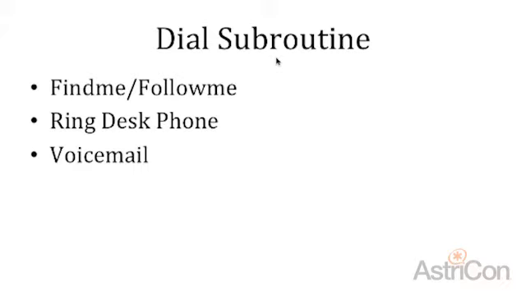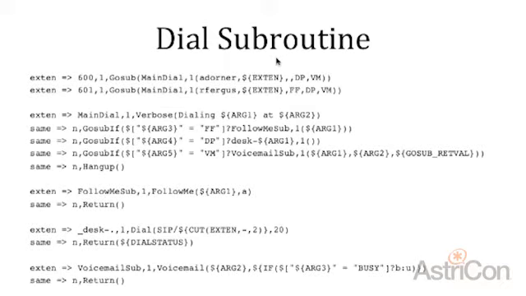Now, what I could do for all my 100 phones is I could program that series of routines over and over again and just type the same code. But that's not efficient. I don't want to do that. What I want to do is a Dialplan subroutine that allows me to write the code once and access it over and over again. So this is what the Dialplan subroutine looks like.